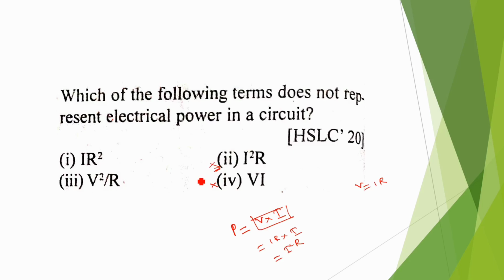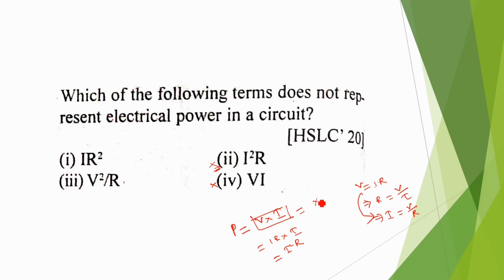Next, number 3, you see V square divided by R. From Ohm's law we can find out R, which will be V by I. Sorry, from V equal to IR we can find out I. I will be equal to V by R. Look at this derivation.